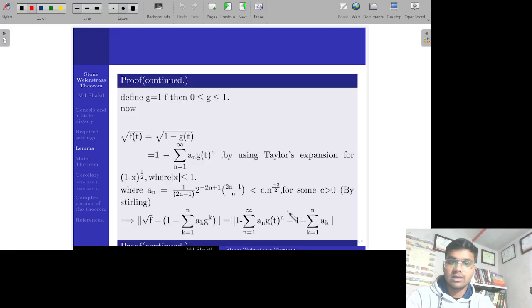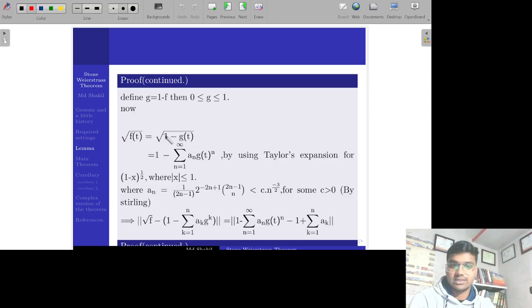Okay, we do this, and then we define another function g as 1 minus f. Since f is between 0 and 1, then 1 minus f, that is g, will also be between 0 and 1. And now we take the square root of f.